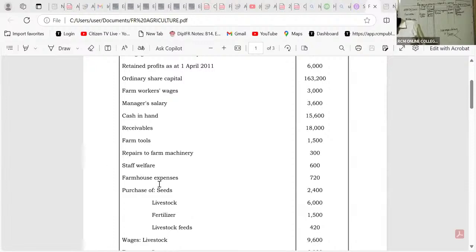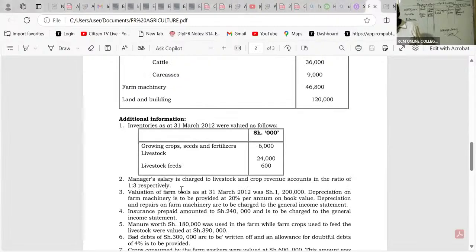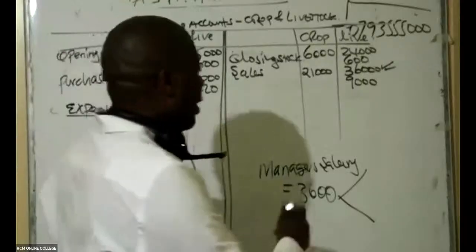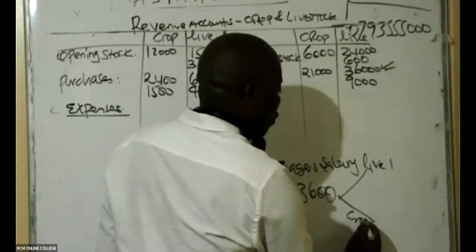In what criteria? They have told us very vividly: manager's salary is to be charged to the livestock and the crop revenue accounts in the ratio 1:3. So 1 is for livestock, 3 is for crop.